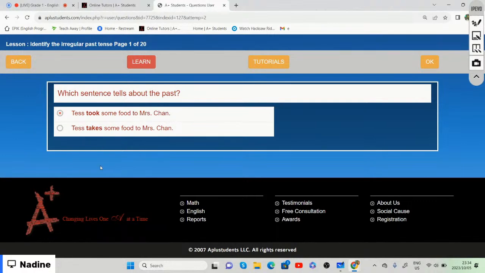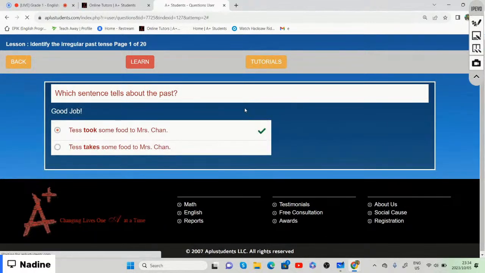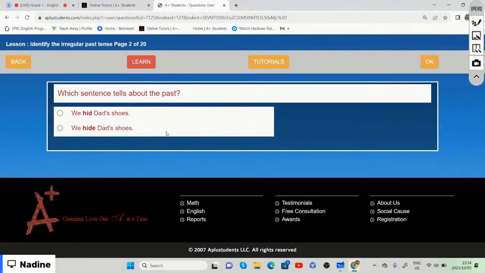Tess took some food to Mrs. Chan. We choose took because if it's takes, then it means that it is now. But took is in the past. So took. And if you also said took, then well done. It is correct.